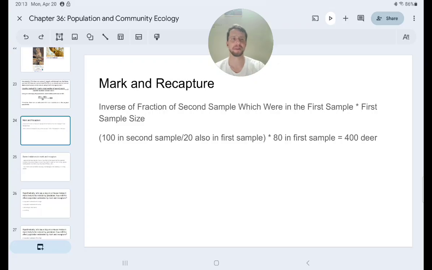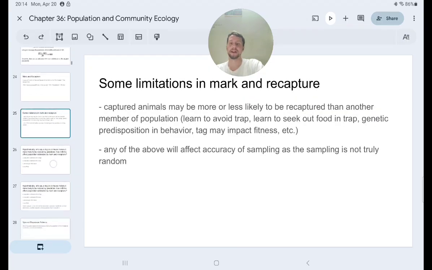As far as I can tell, I don't remember AP Bio ever assessing on this directly. But the idea is that the higher frequency of recapturing, that means the population's smaller. Because there's less members, you're more likely to recapture a member you already got in the second sample. Of course, this could be limited if the captured animals are more or less likely to be recaptured.